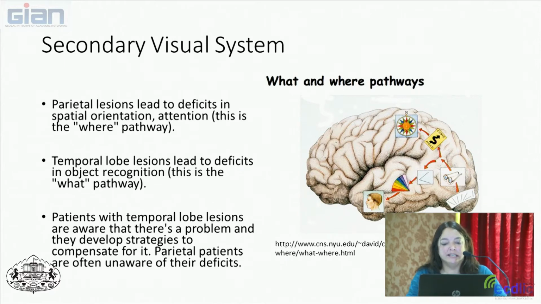However, interestingly, parietal patients are often unaware of their deficits. That's sort of like what we saw with Wernicke's area. The guy was just talking, and I don't think he realized that he wasn't using words correctly because the part of his brain that makes sense of those words isn't working correctly.